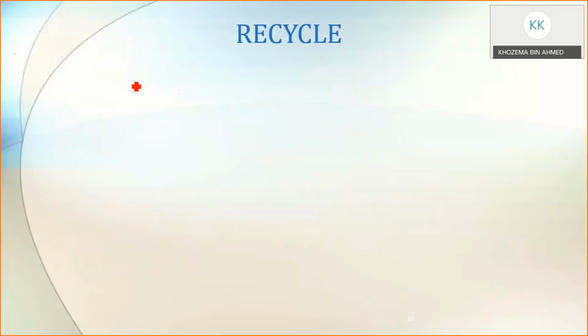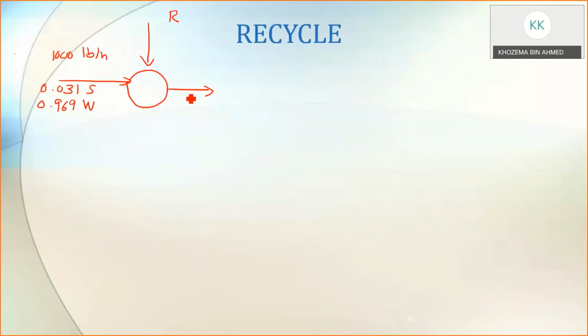So this is our mixer. We have our fresh feed coming in at 1000 pound per hour. Composition is again the same, 0.031 salt, 0.969 water. We have our recycle R, and then we have our gross feed, and we label it as G.